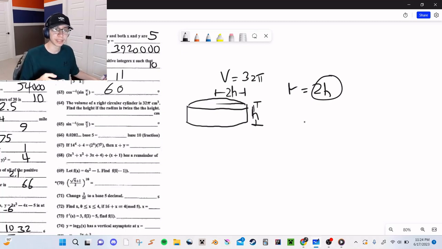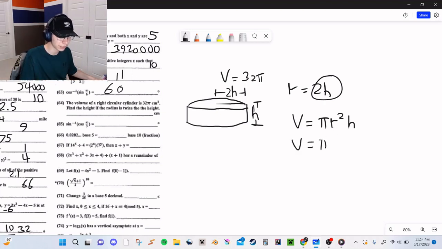Okay, so what is the expression for the volume of a cylinder? The volume of a cylinder is equal to pi r squared times height. Pi r squared being the area of the base, which is a circle, times height. And we know r is 2h, so let's substitute that in.